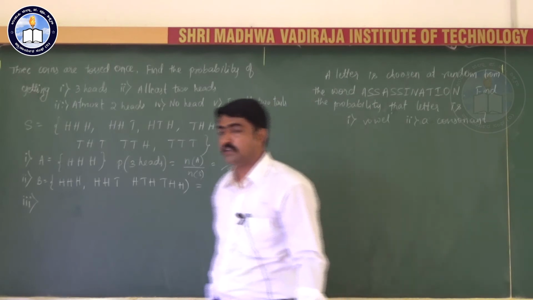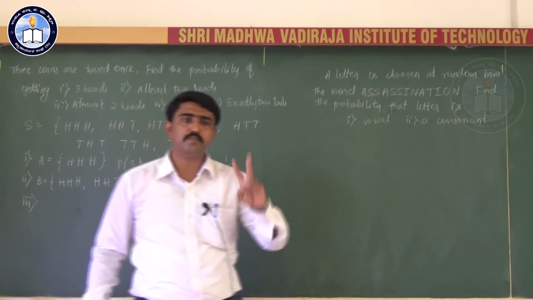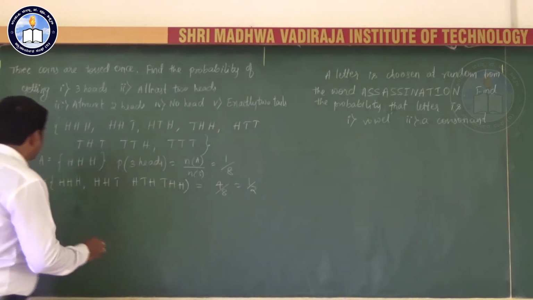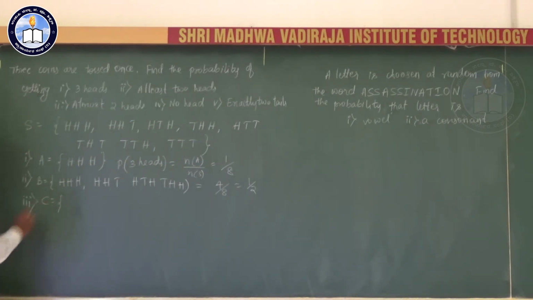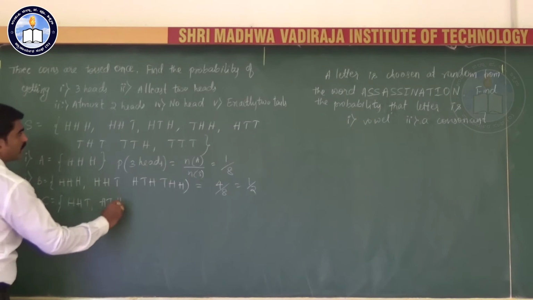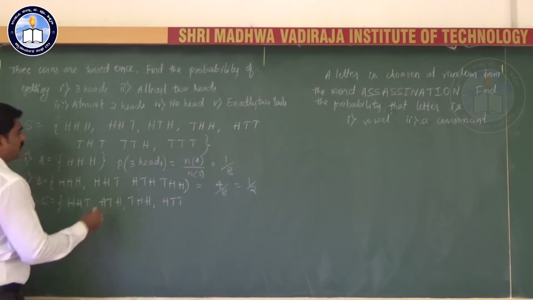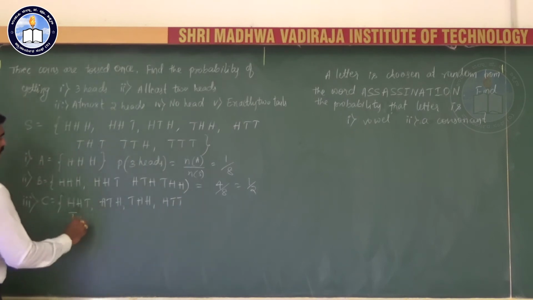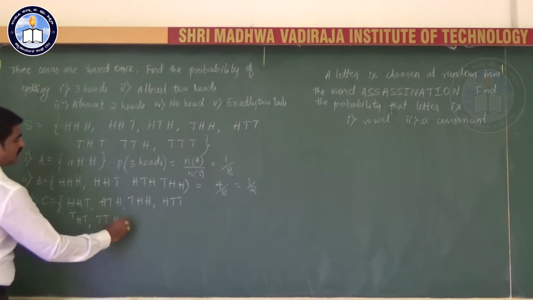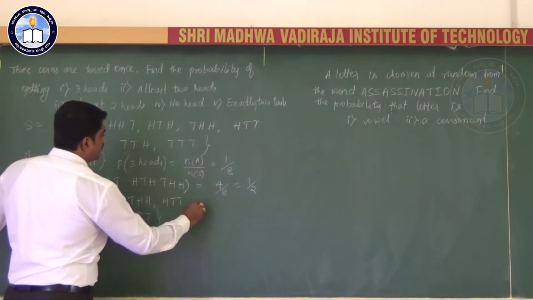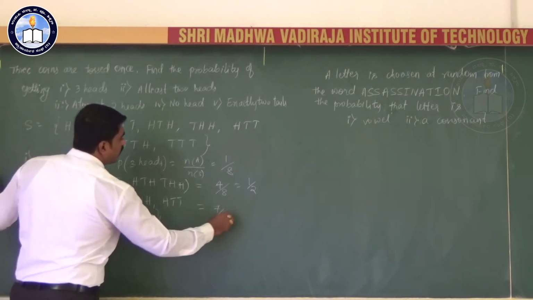At least 2 heads is minimum 2 heads and more than that. So that is the difference. Now if we call it event C, except HHH, all the rest of the elements will come, including THT, TTH, TTT. So the probability of getting that will be 7 by 8.